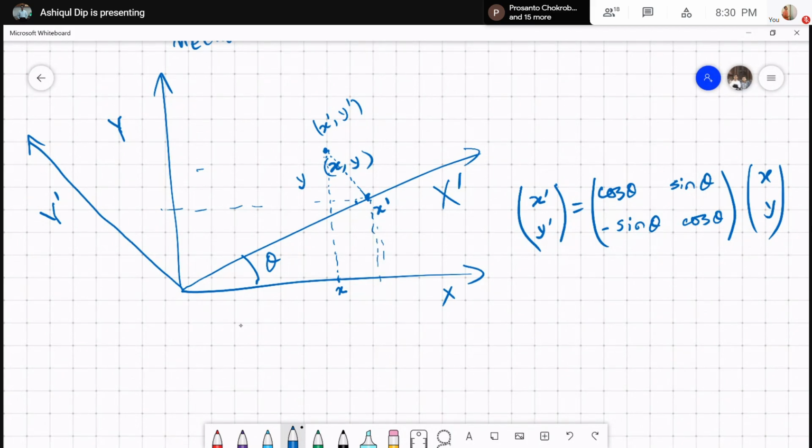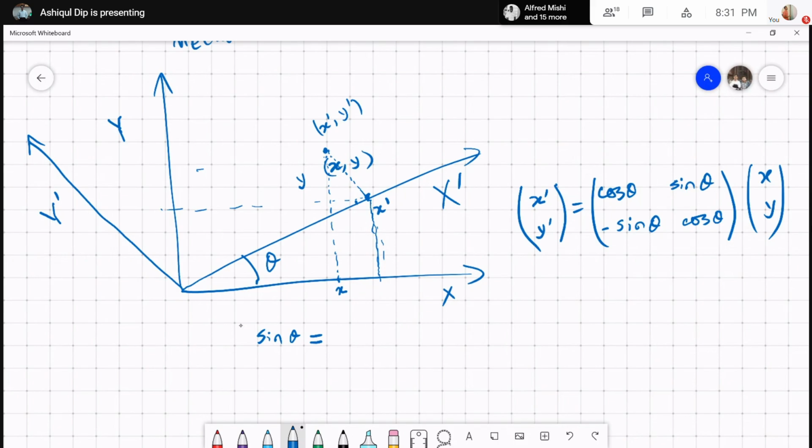This angle is theta, and we can see that this length is the hypotenuse, right? So x prime, actually, what's the definition of sine theta? Opposite is what here? It's y, right?